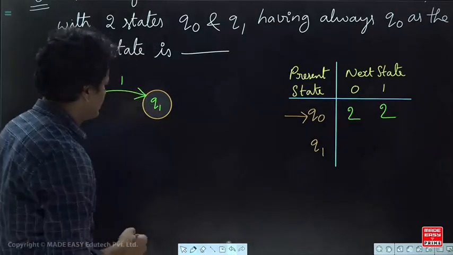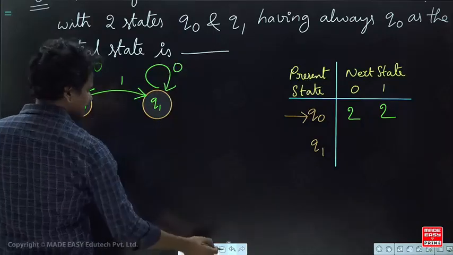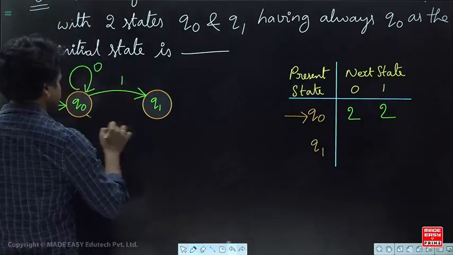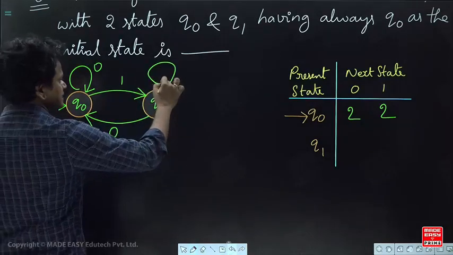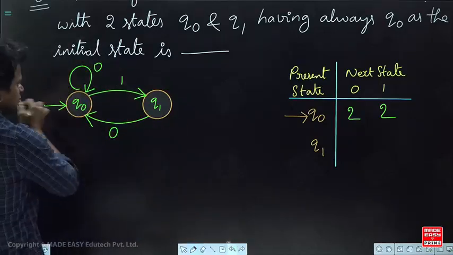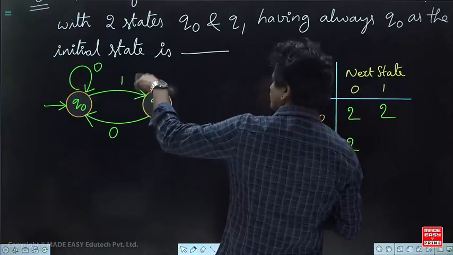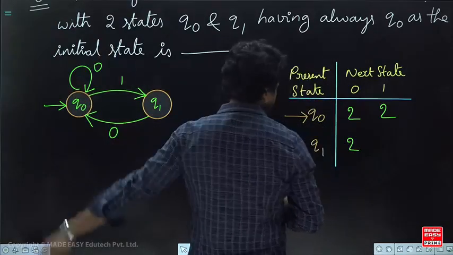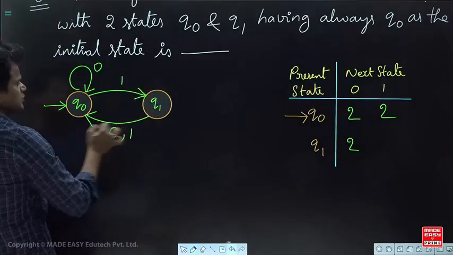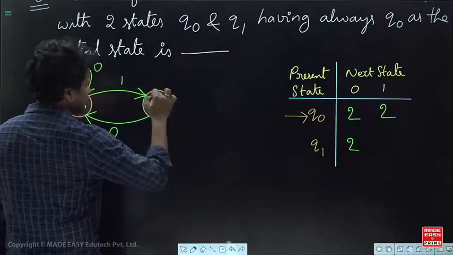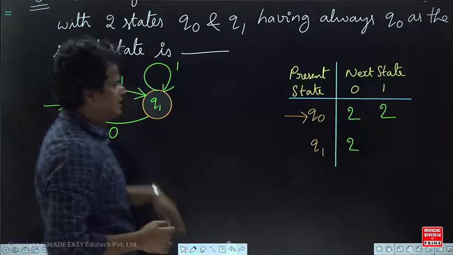Now Q1 on 0 you can define as a self loop, otherwise go to Q naught. Two ways. Similarly Q1 on 1 is either Q naught or a self loop, again two ways.